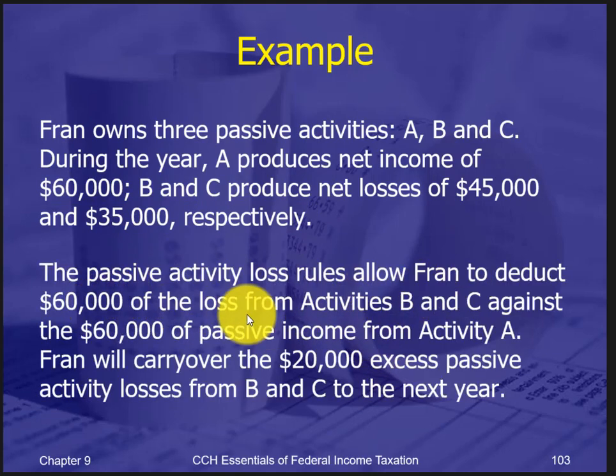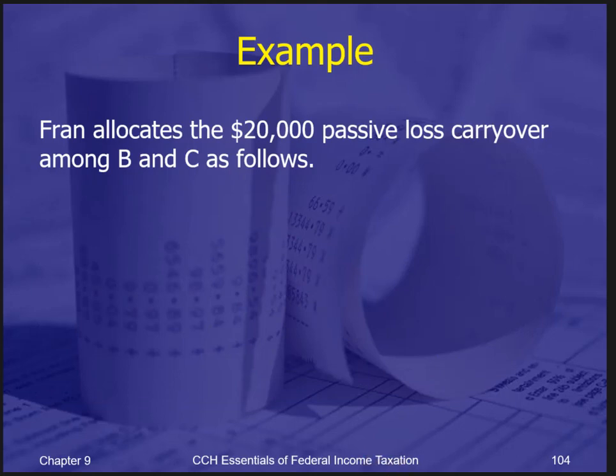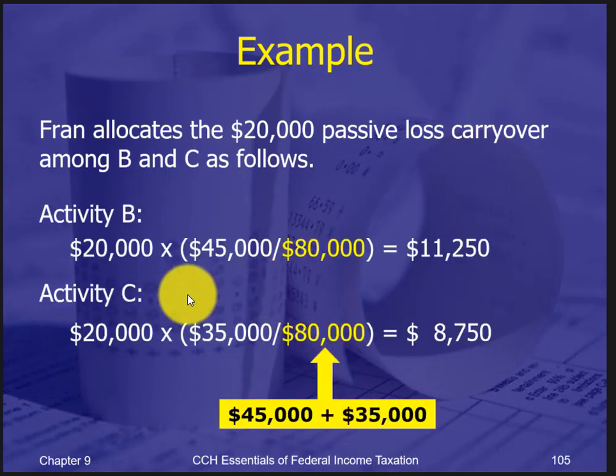So we deduct the 60,000 from B and C, that's 35, plus 45, then we compare it to the 60,000, that's the most we can deduct, right? This adds up to be 80,000, so we have 20,000 to carry forward. The tricky part is not the 20,000, but how to allocate that between B and C. So that works this way.